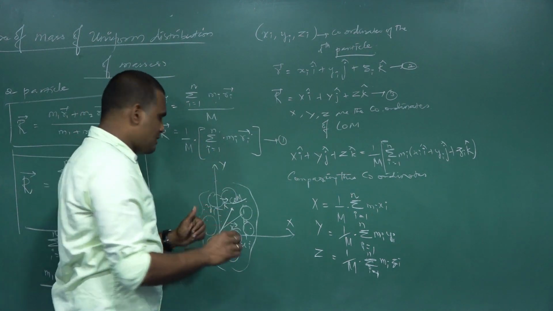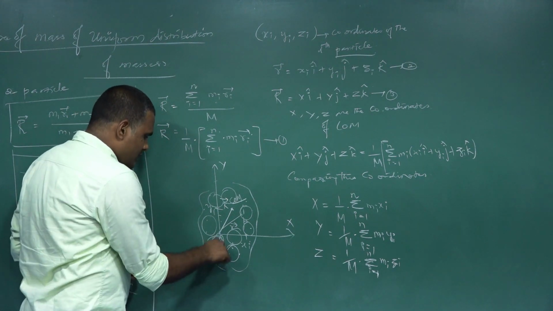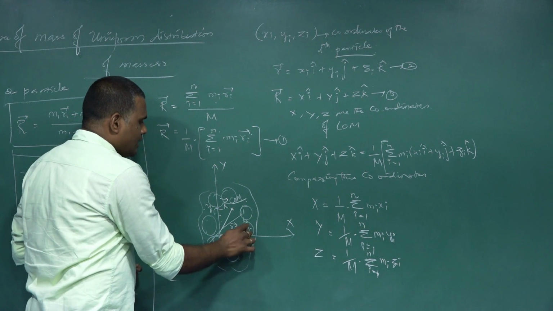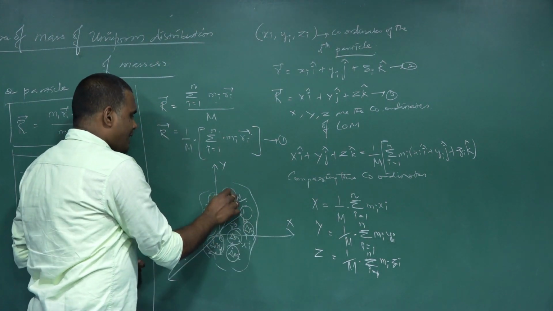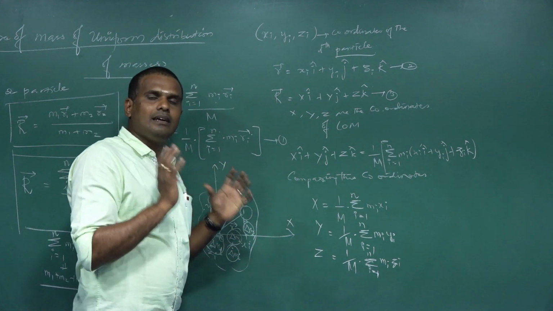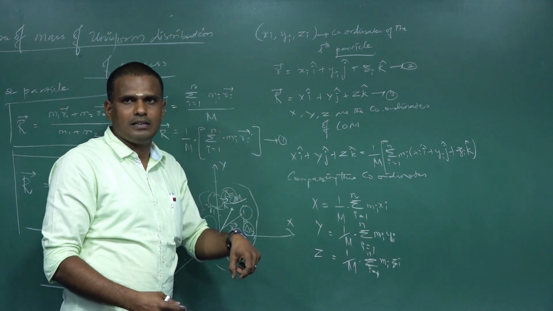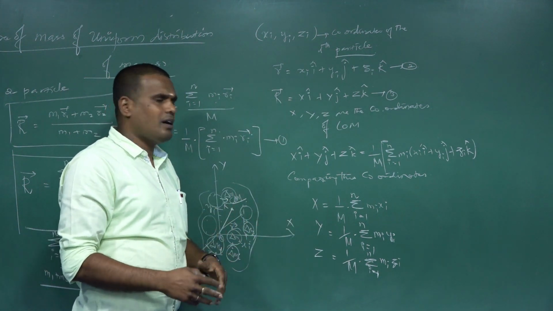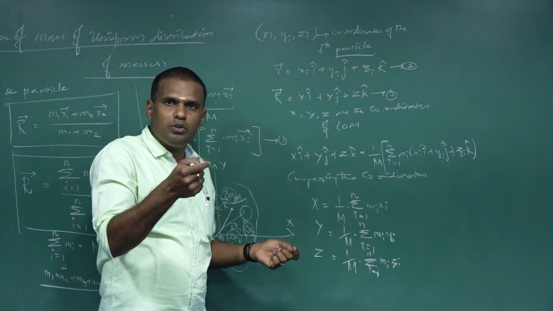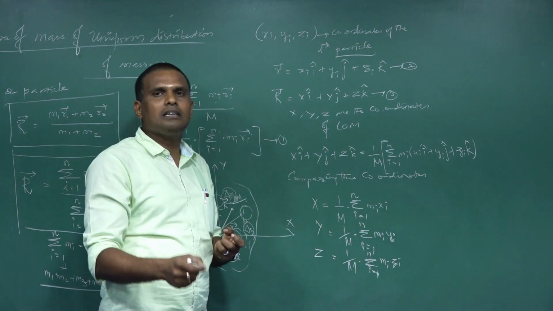We call these elements delta m, delta small m. If this is delta m1, delta m2, delta m3, delta m4, I can take this as delta m. So I am dividing the entire system into so many small elements instead of taking particles. What is wrong in taking particles? You can do it, but there is a complication, because each individual particle's mass cannot be taken into account, as they are of finite size.